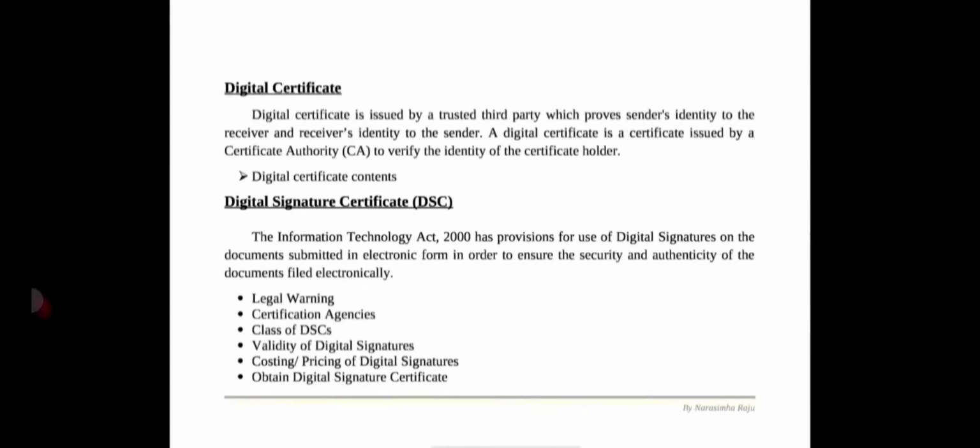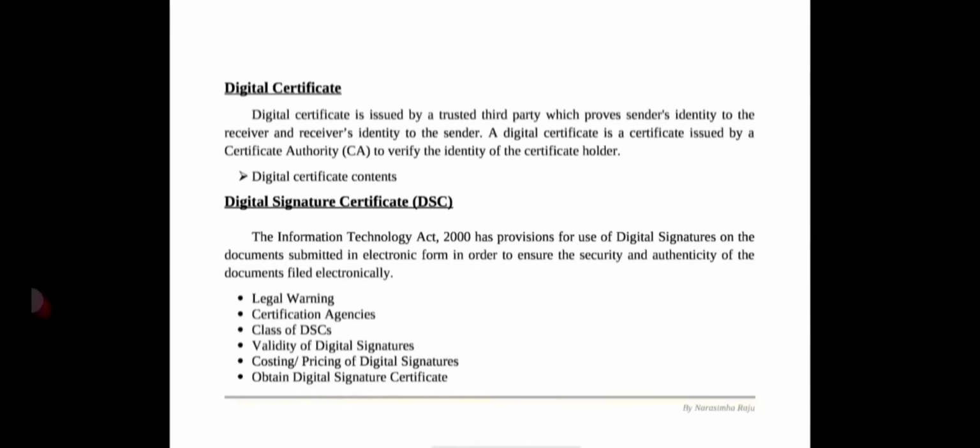The certificate authority issues an encrypted digital certificate containing the applicant's public key and a variety of other identification information. A digital certificate is used to attach a public key with a particular individual or an entity.